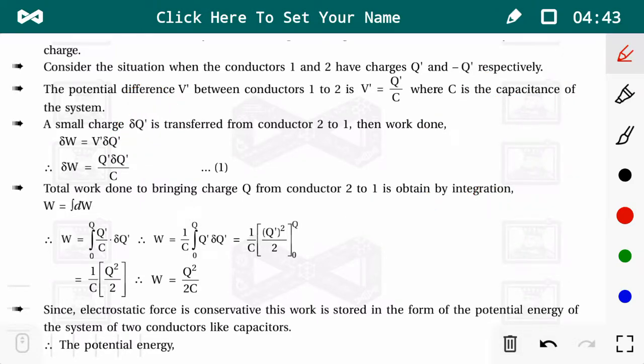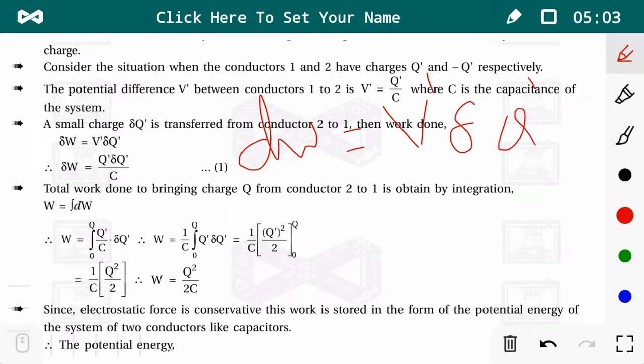Now dW is equal to V dash delta Q dash. This equation we already understood earlier.